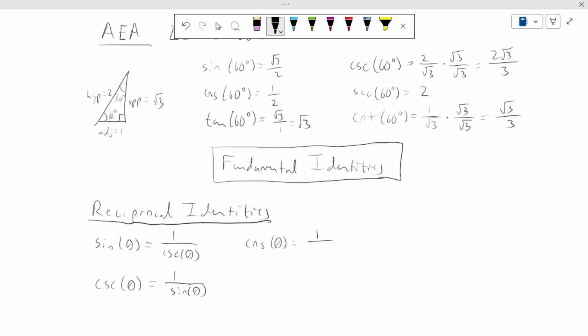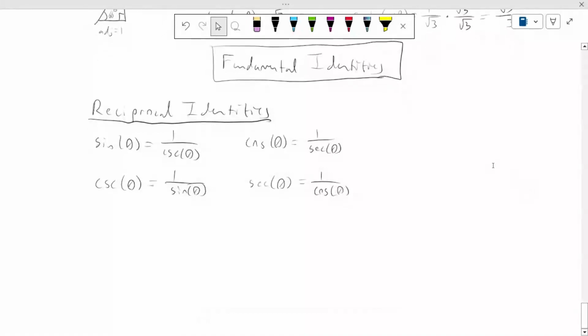Cosine of theta is 1 over secant of theta, and secant of theta is 1 over cosine of theta. Then the same with tangent and cotangent: tangent of theta equals 1 over cotangent of theta, and cotangent of theta is equal to 1 over tangent of theta.